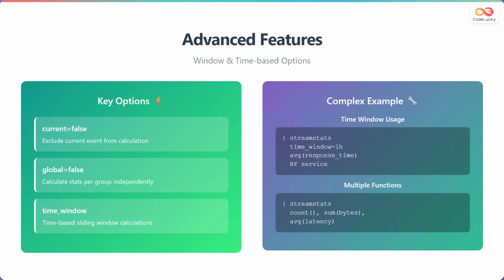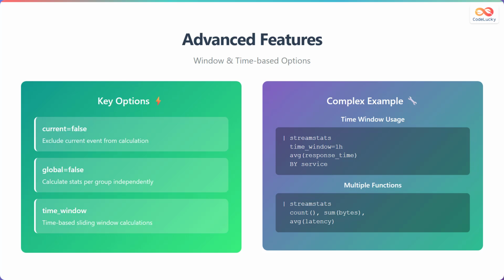Advanced features of streamstats provide additional control over your calculations. The current parameter set to false excludes the current event from statistical calculations, useful when you want to base decisions on historical data only. The global parameter set to false ensures calculations are performed independently for each group when using the BY clause.